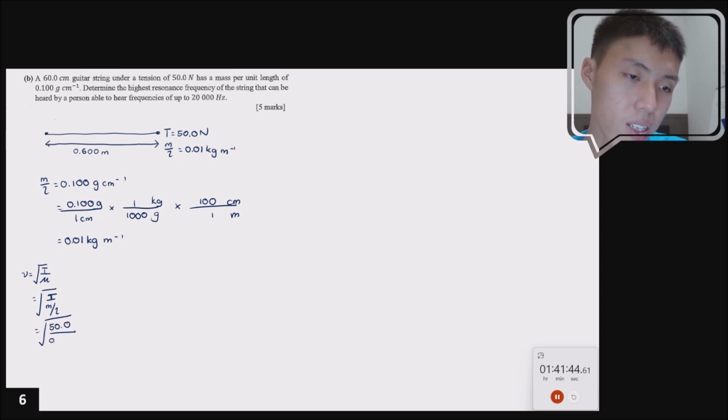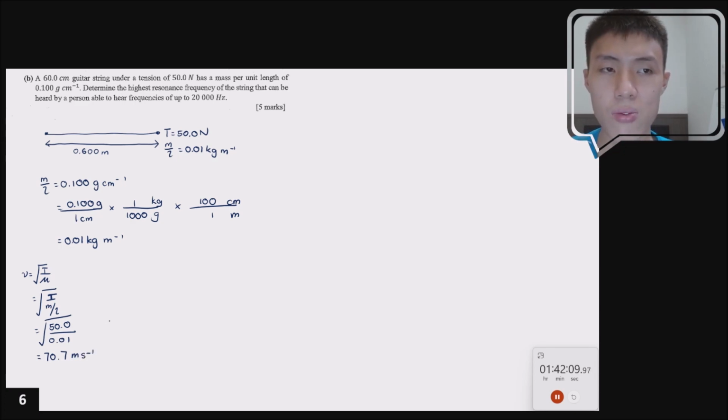Your mass per unit length is 0.01. Through this calculation, you get the speed of the wave traveling in the guitar string to be 70.7.